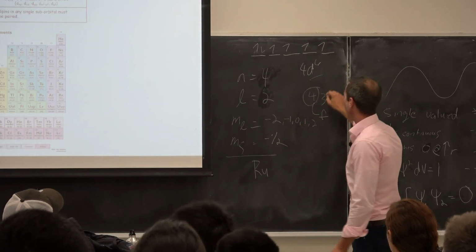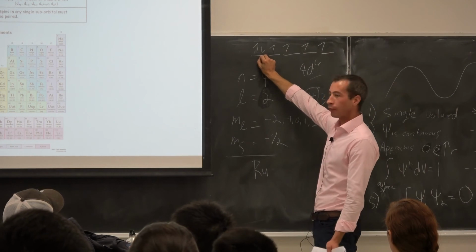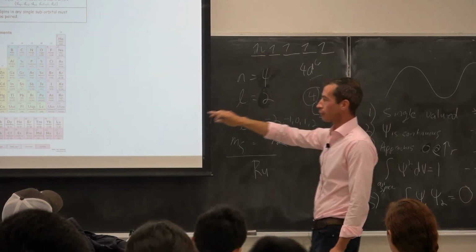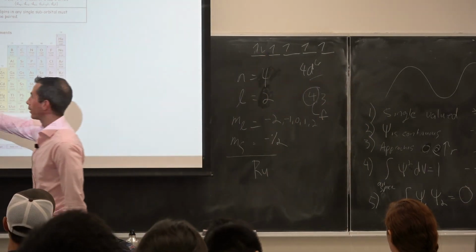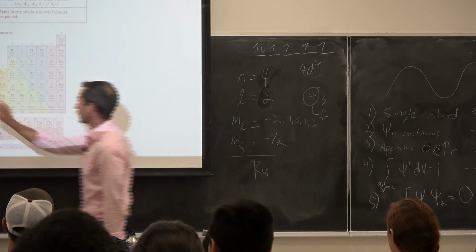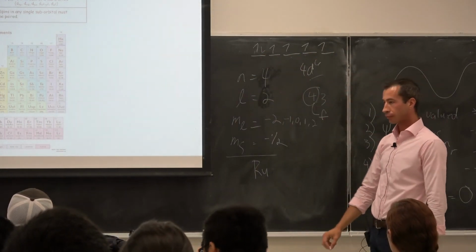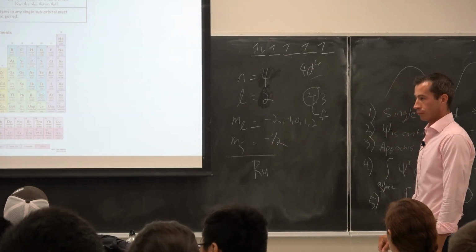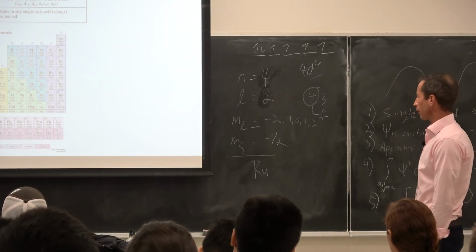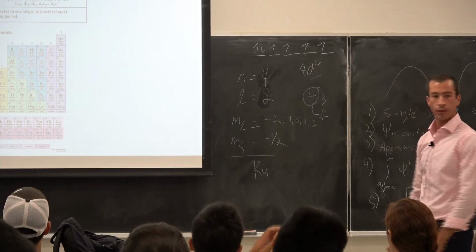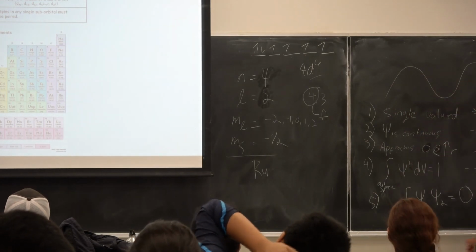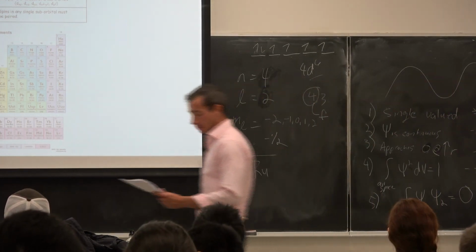I've seen it done because this one falls back here. When you do 6, so we're 1, 2, 3, 4, 5, 6. So basically you just have the address of the last electron. Yeah, the address of the last electron.